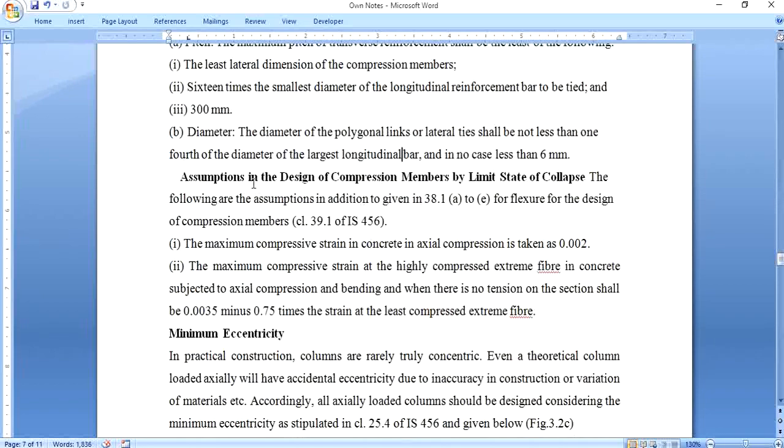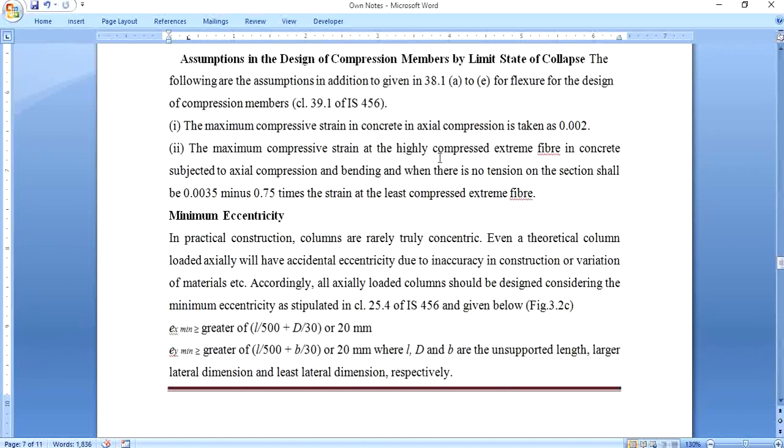Next, the assumptions made in design of compression members. The maximum compressive strain in concrete in an axial compression member is taken as 0.002.